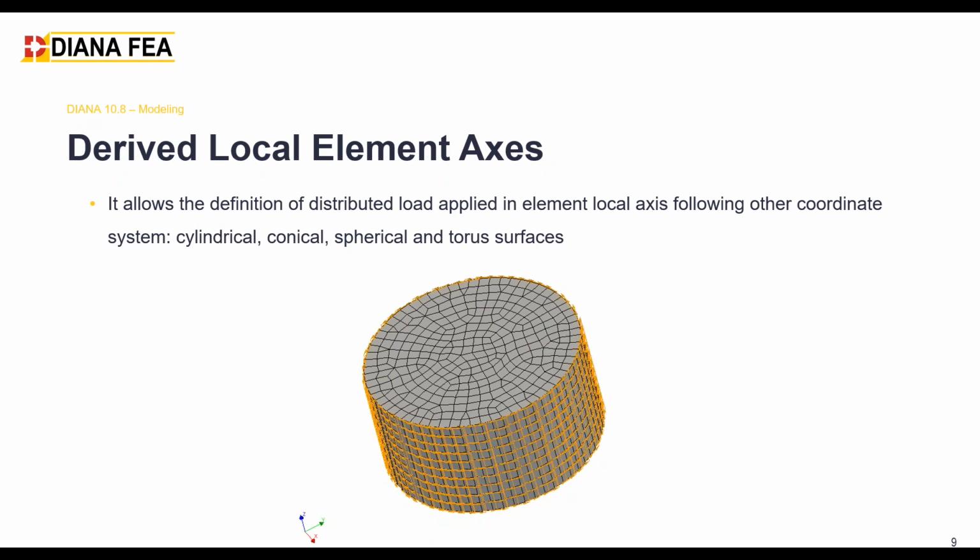It also allows the definition of distributed load applied to the element local axis following other coordinate systems. So what I said in the previous slide about the element direction can apply there, but not only in the Cartesian system, it can apply to cylindrical, conical, spherical, and torus surfaces. So the possibilities to define your loads are now quite extended.